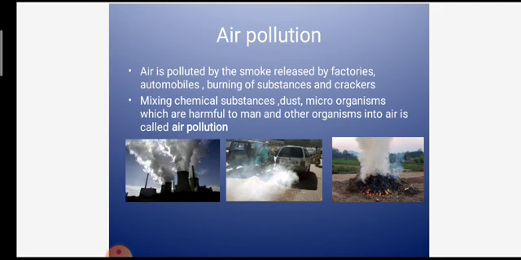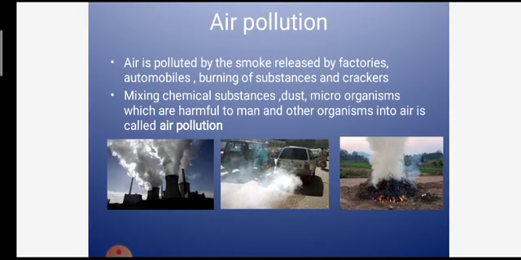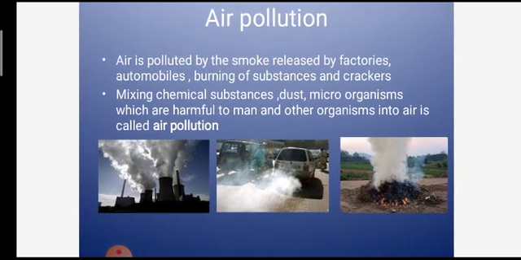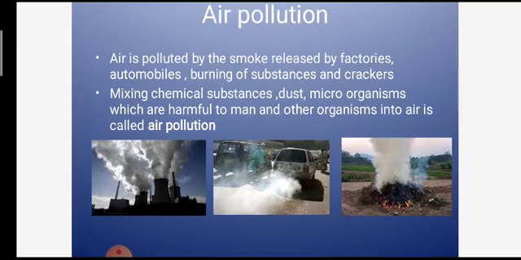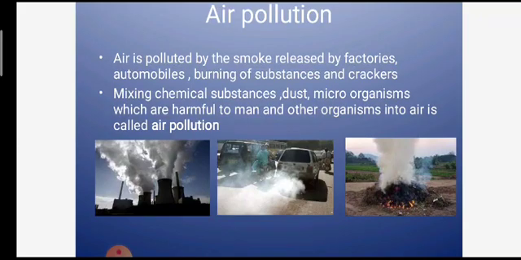See, air has to be very pure, but it is getting polluted. How is it polluted? By the release of carbon dioxide gas and excess gases by factories, automobiles, burning of substances, and crackers.